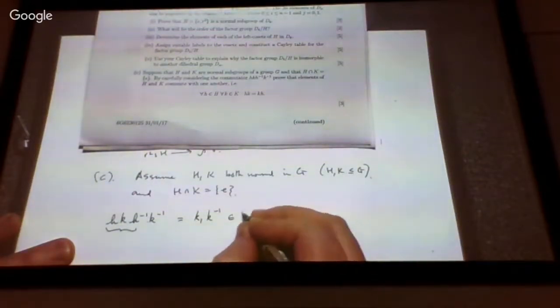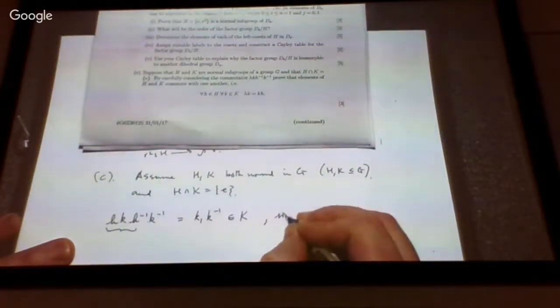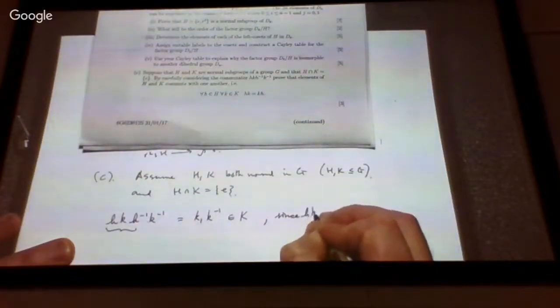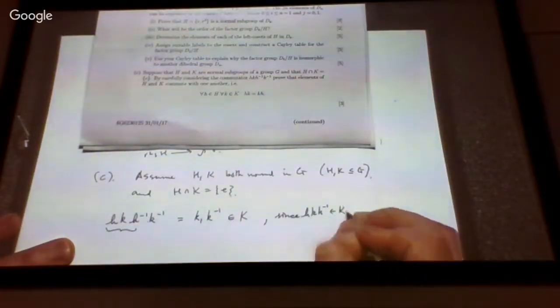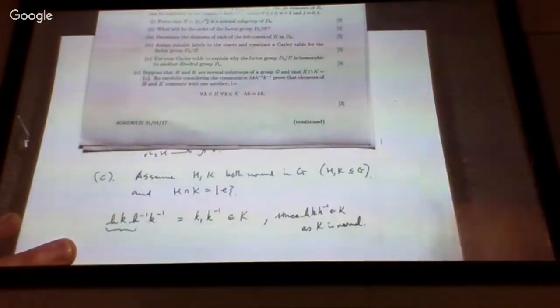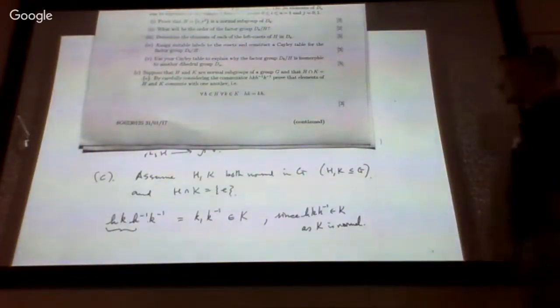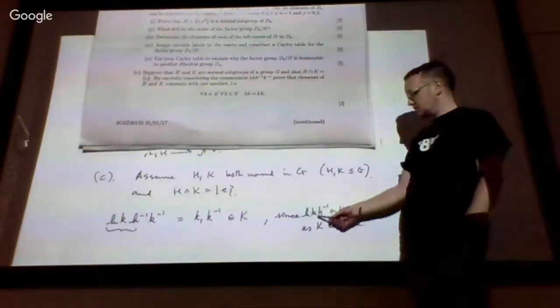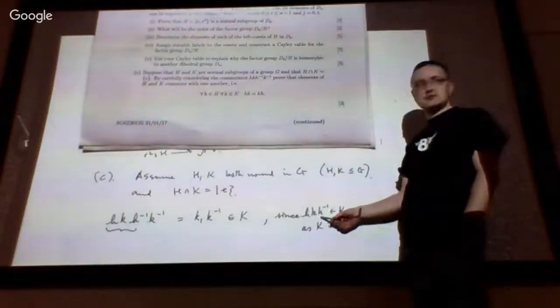So that must be an element of K, since HK, H inverse is an element of K as K is normal. So I guess here, maybe if I hadn't said it before, I'd propose the alternative definition of normality. A subgroup is normal if when you conjugate any element of it by any other element, you remain within the subgroup.